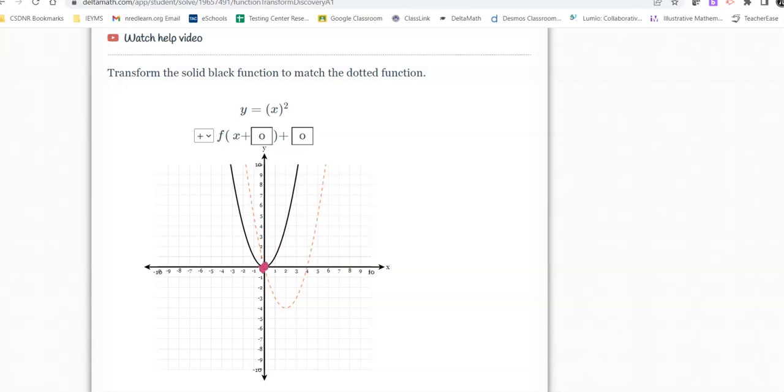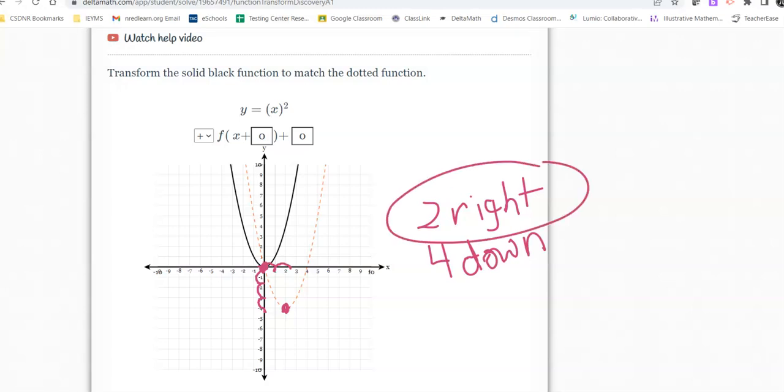It looks like the vertex moves 2 to the right, and it looks like it moves 4 down. So 2 right and 4 down. Now if you remember anything from class, the left and right shifts happen inside the parentheses, and the up and down shifts happen outside of the parentheses.